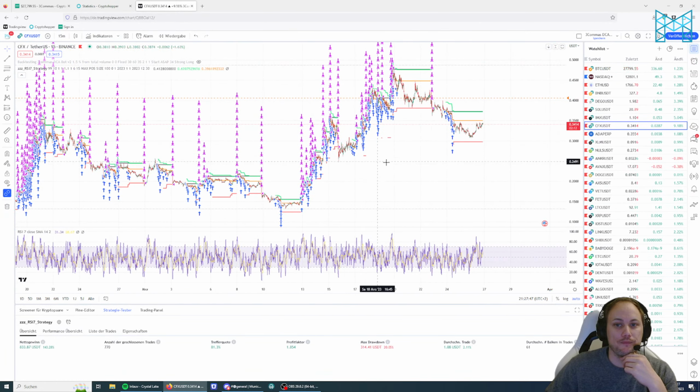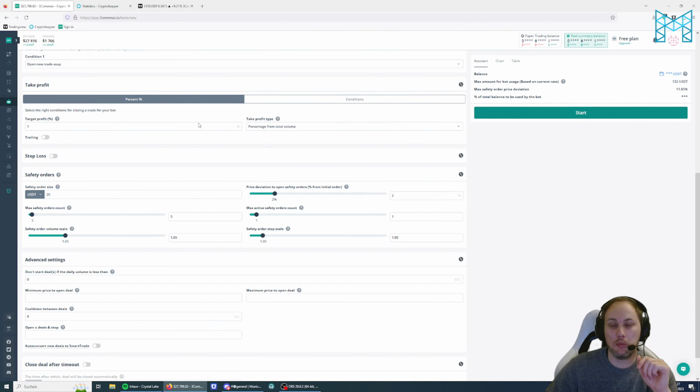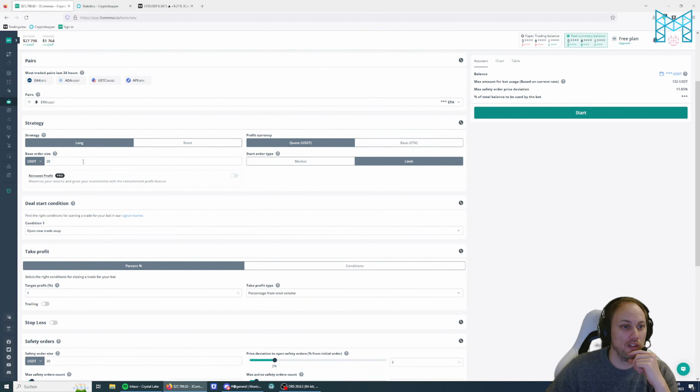And of course, now the question. Okay, we have set it up for 10%, so 10 safety orders after the base order, and then it's dropping down and always adding 10%. If we put this into a DCA bot with these settings, then the bot will also show you how much you need for the investment.